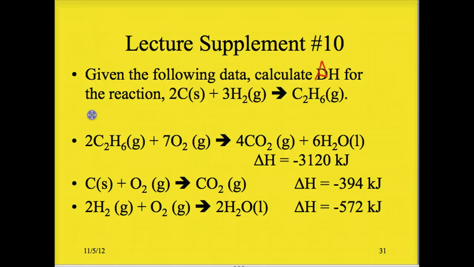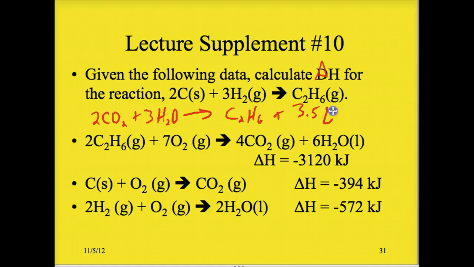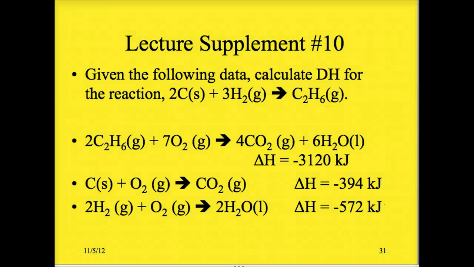Okay, if I do that, I'm going to get 2 CO2 instead of 4 CO2s, plus 3 H2Os, yielding C2H6 plus 3.5 O2. Okay, now my new delta H, and it seems like I lost everything here.